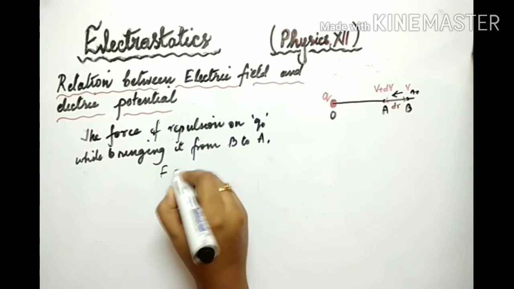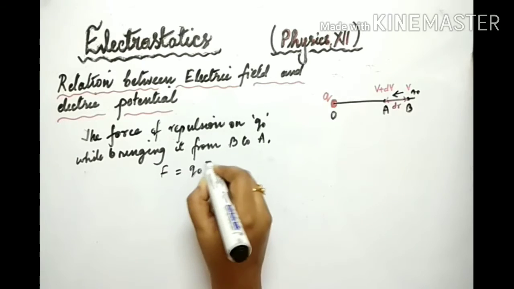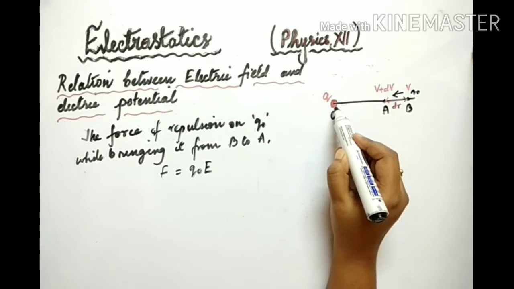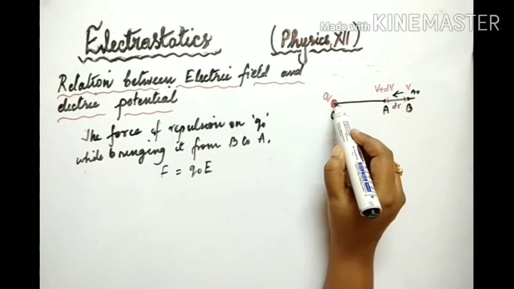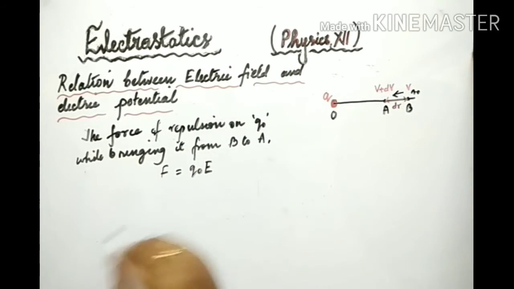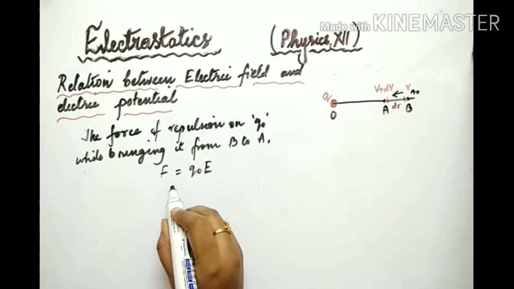Let us write it in this form, Q naught E, where E is the electric field due to this source charge. The source charge creates an electric field around it, we know. So it can be written in this form.